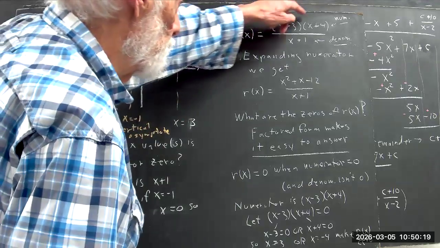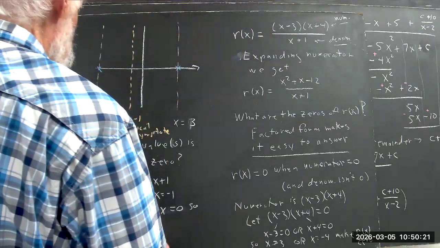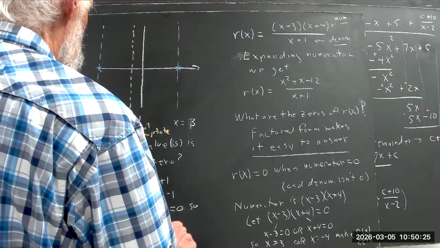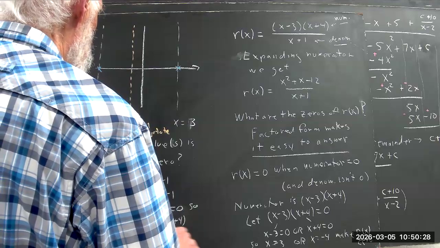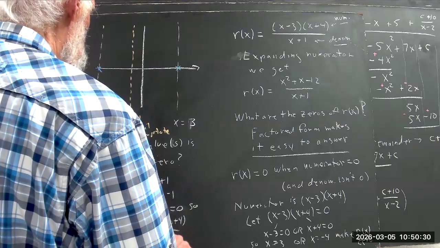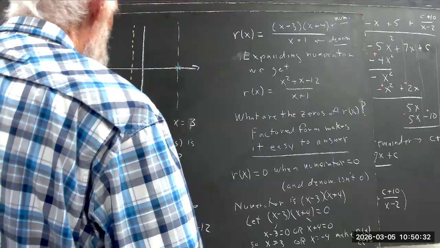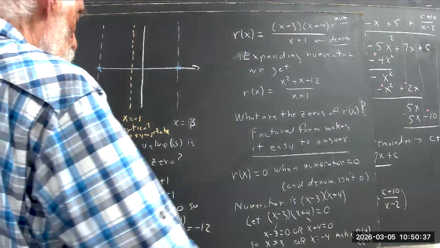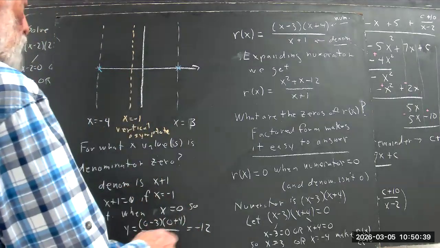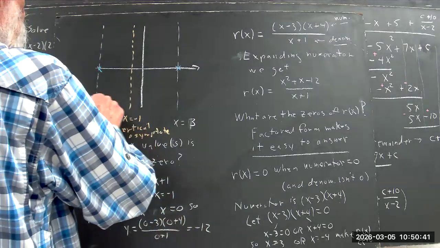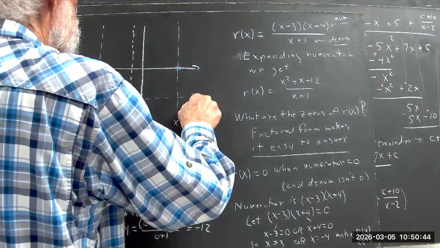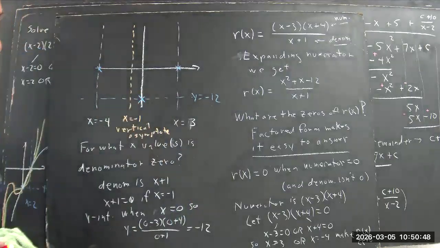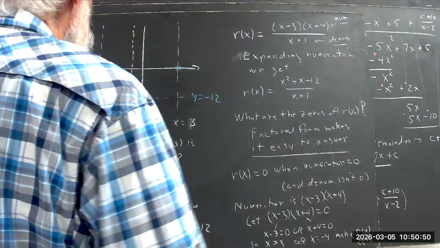So we plug in x equals 0 into the equation. Get y equals 0 minus 3 times 0 plus 4 over 0 plus 1 equals -12. So the y-intercept is that y equals -12. Say y equals -12 here.